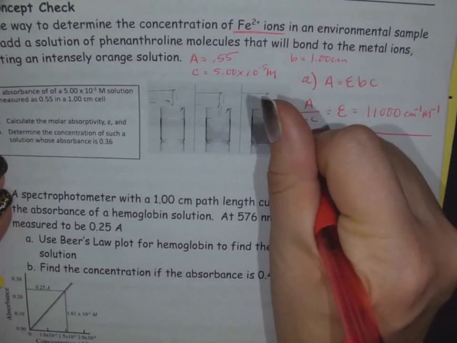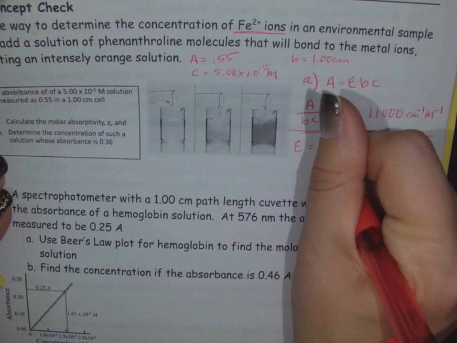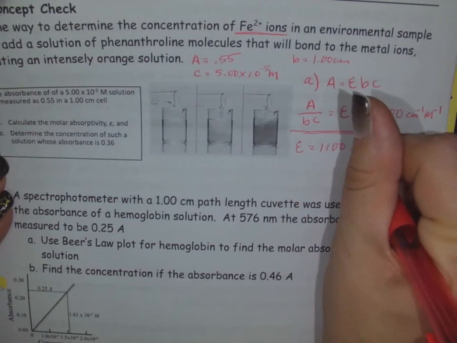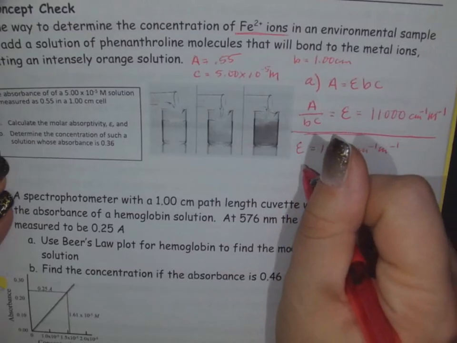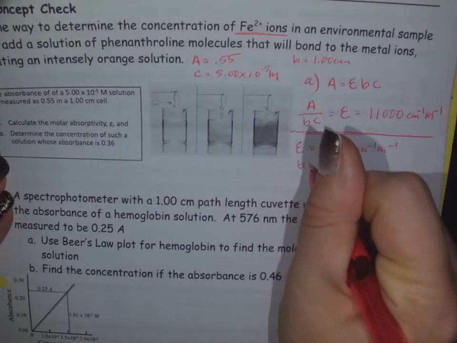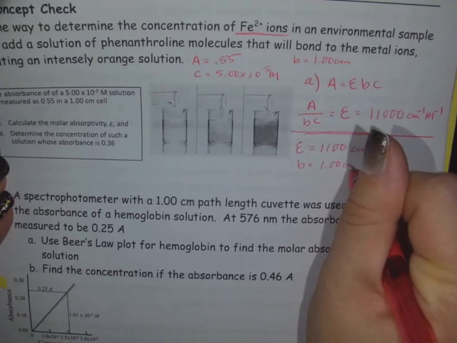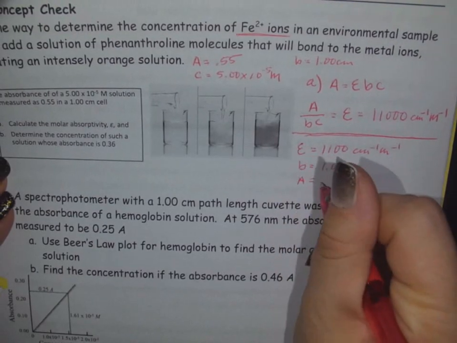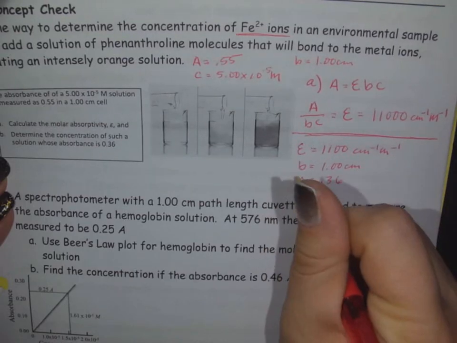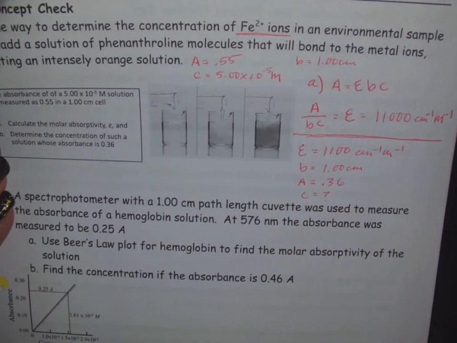So molar absorptivity stays the same because it's the same solution. Path length stays the same because it's just that cuvette. But the absorbance is no longer 0.55, now it's 0.36. And I am solving for concentration.